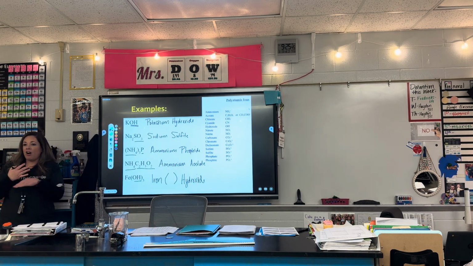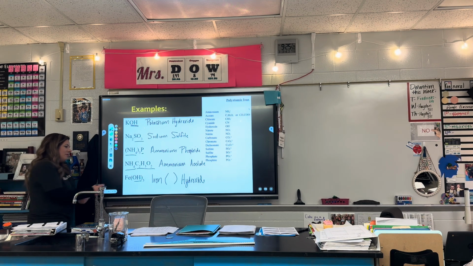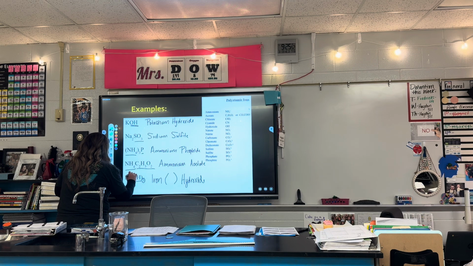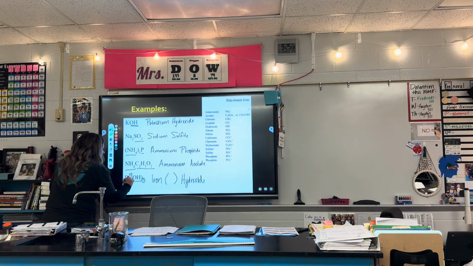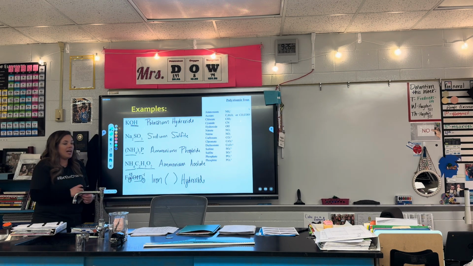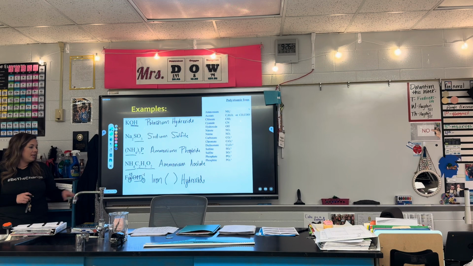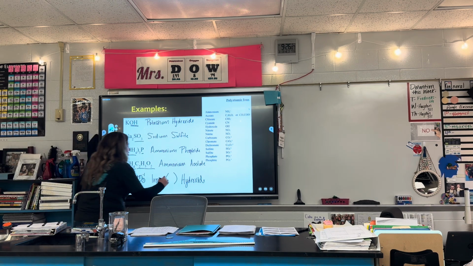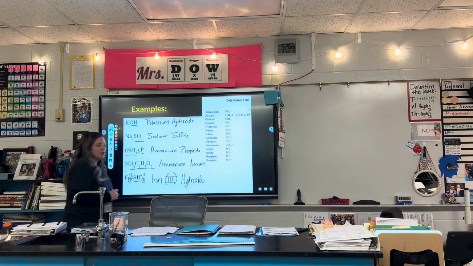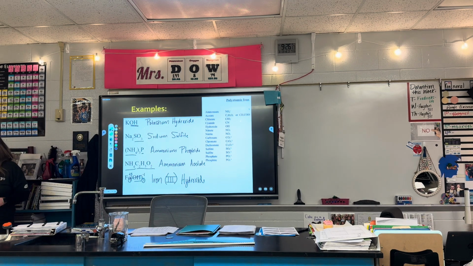So we're going to uncross. So what number do I uncross? The 3, right? I'm going to uncross that, so that's +3. And then what's my subscript for iron right now? 1. I'm going to uncross that. Is that hydroxide's charge? -1? Yeah. So that means this is iron what? 3. Iron 3 hydroxide.